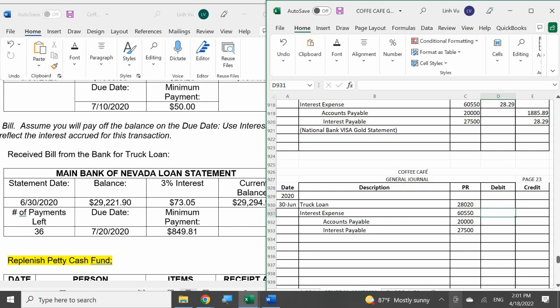Now, if you remember the rules of how loans work, is all of that going to go towards the principal? No, you can't. You have to pay the interest first. So in this case, how much is actually going to go towards the interest?